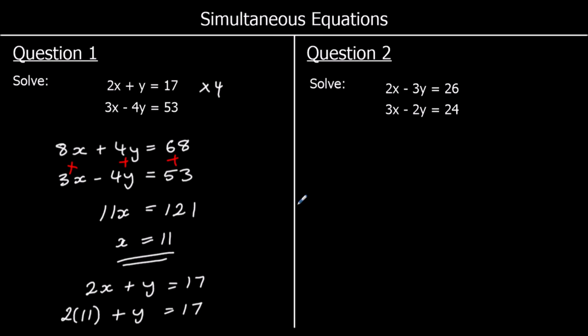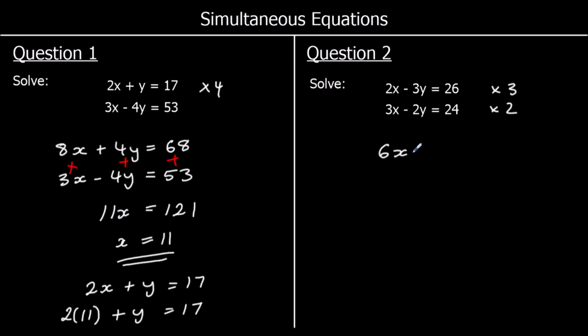And question 2. So either we're multiplying the top by 3 and the bottom by 2, or the top by 2 and the bottom by 3. Either way round, we'll either make the x's the same or the y's the same. So I'm going to make the x's the same. So multiply the whole top line by 3.